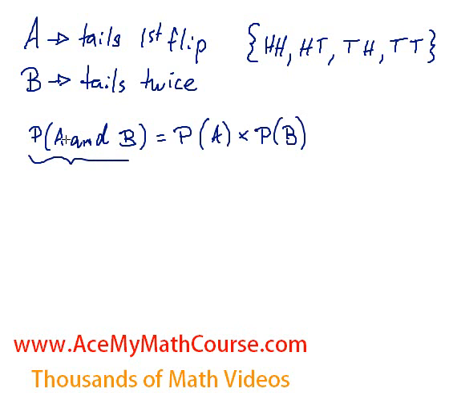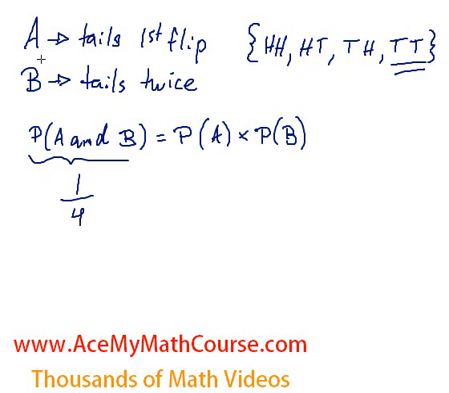So what is the probability of A and B in this case? The probability that it's tails on the first flip and that we get 2 tails. Well, that's just going to be 1 out of 4.